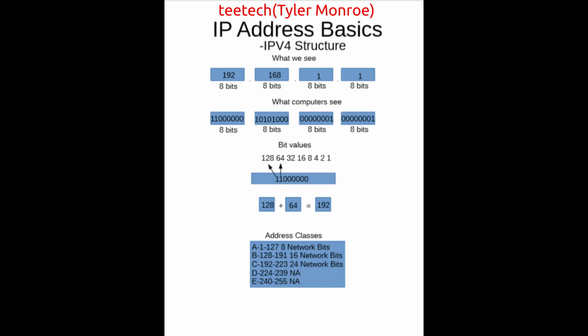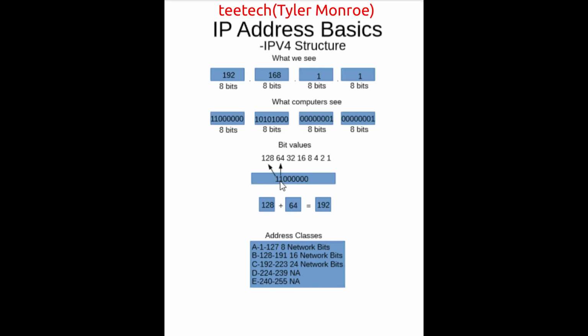Now, how do we take the binary and see the decimal? Well, in each of those sections, or a byte in other words, because it's 8 bits, there are bit values that are decimal. And very simply, in this byte or octet, I have the first 2 bits on.